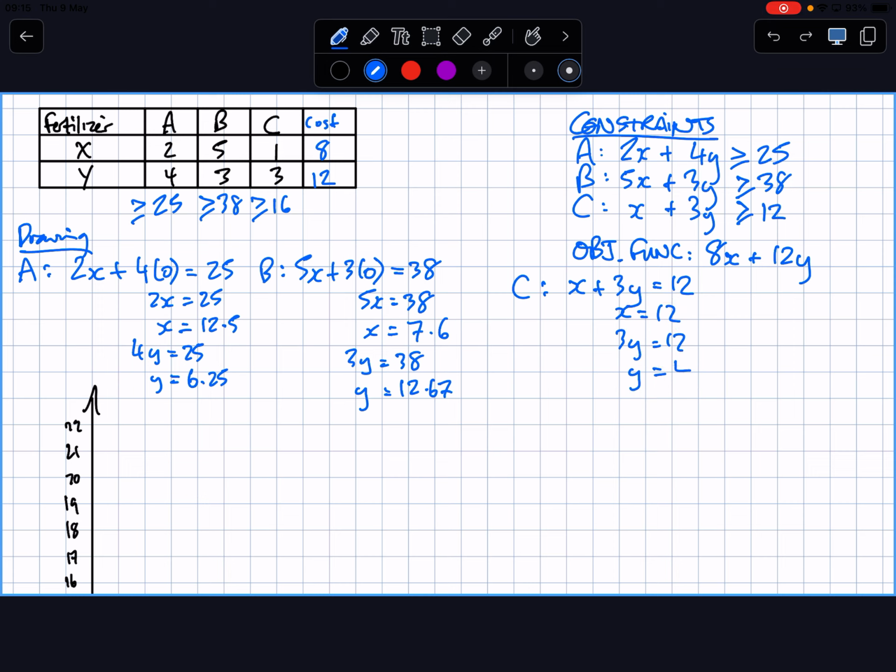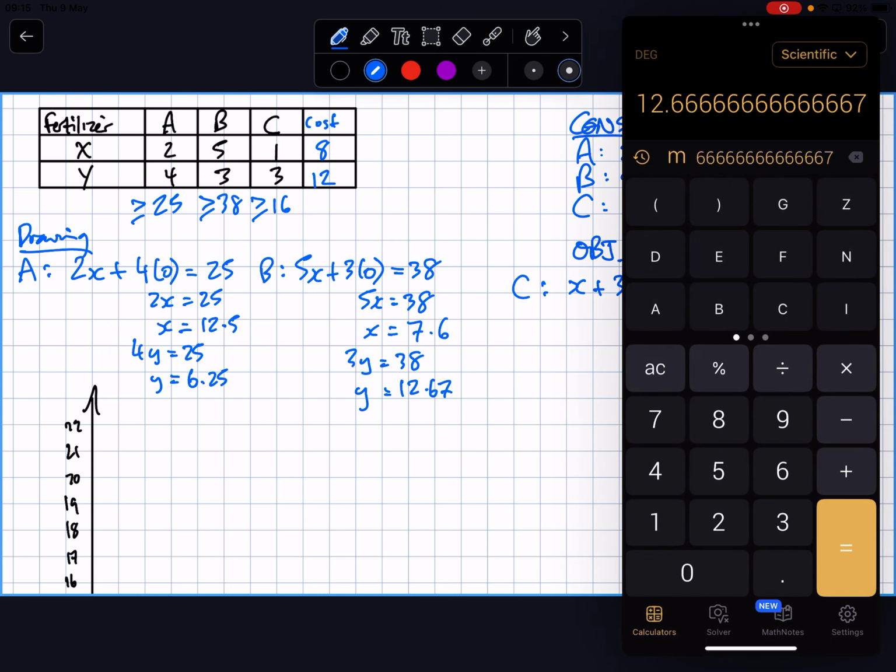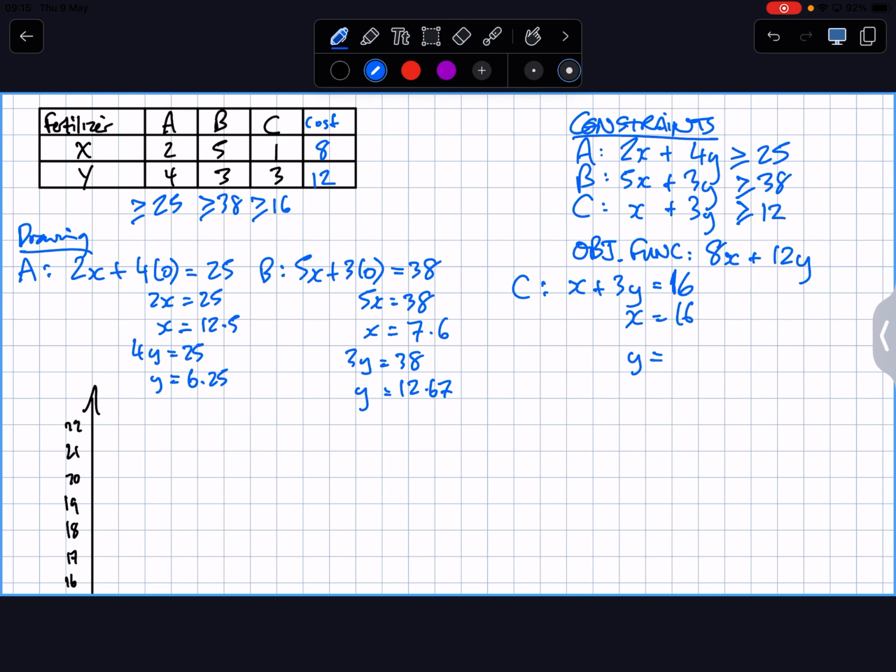All right, go back. So x is equal to 16. Y is going to be... Oh, so this one isn't... it's still dodgy. 16 divided by 3, 5 and a third, 5.33. So put little circles around to help you draw.